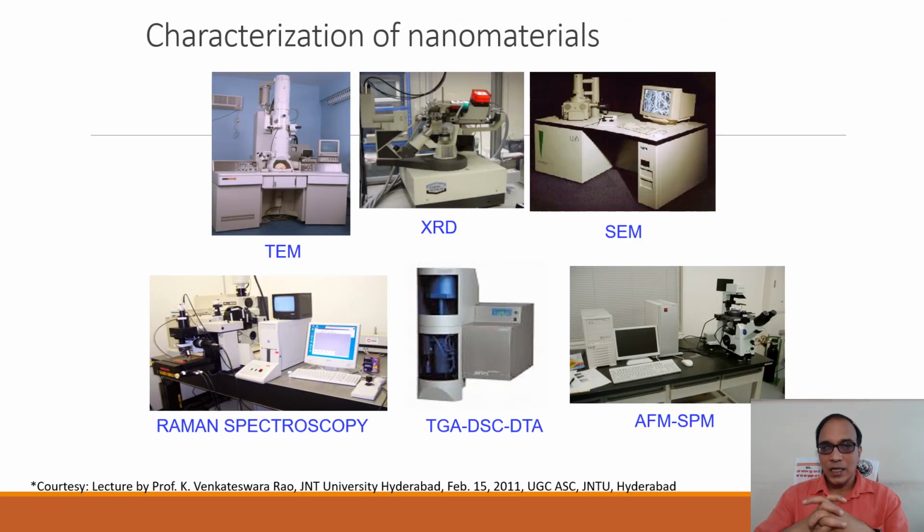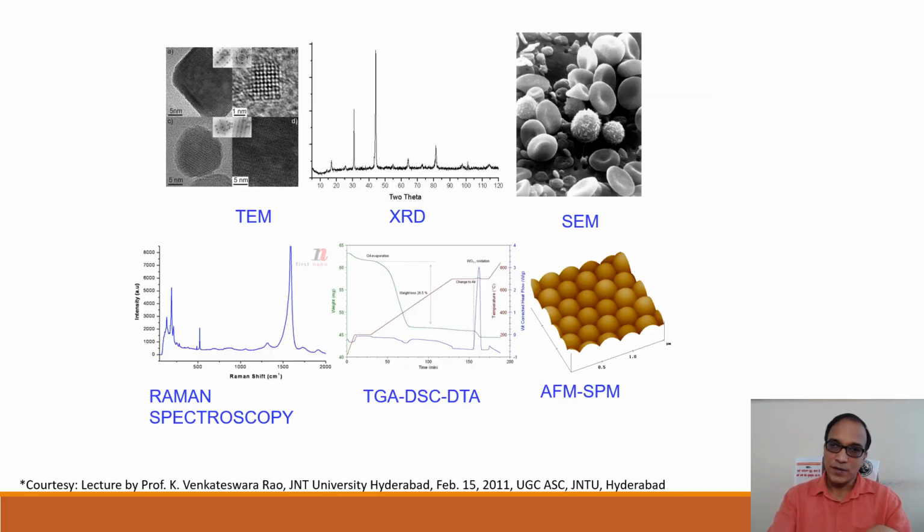These are the characterization instruments: TEM, XRD, SEM, Raman spectroscopy, DSC, and AFM. These are all very sophisticated instruments. We can have images from TEM and SEM, which can be analyzed for the surface morphology as well as the particle size. XRD can give, as you can see here, the change in crystallinity and various other aspects.